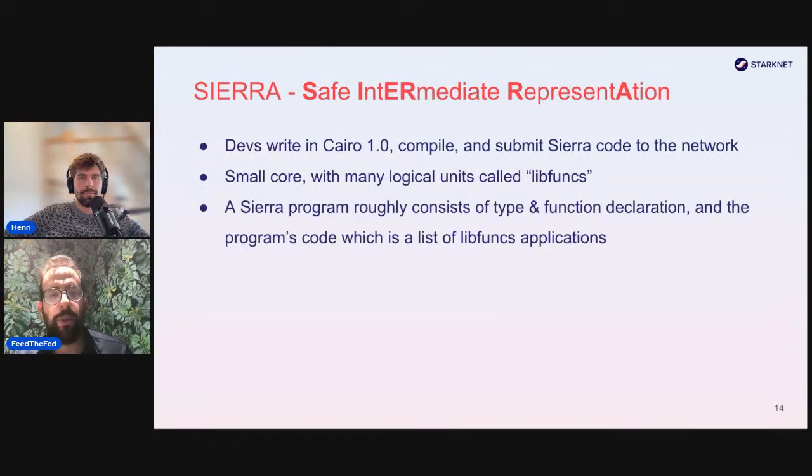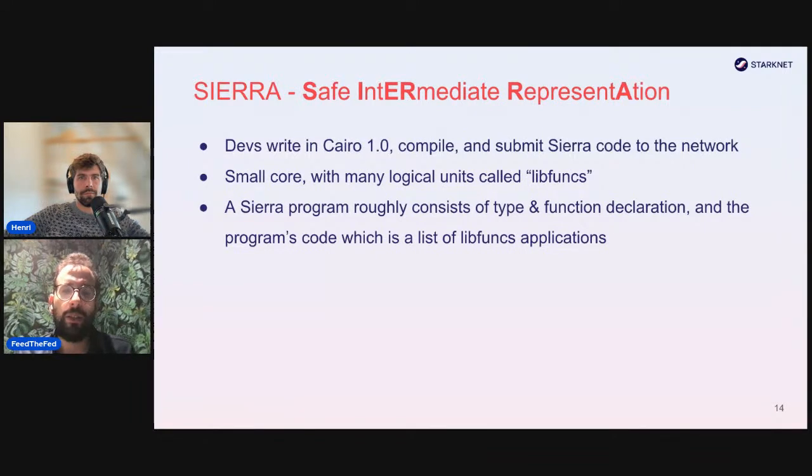And if you look at a Sierra program, you basically see type declarations, function declarations, and a bunch of libfunc applications. So you can pretty much think of a Sierra program as a sequence of libfunc applications, which I'm going to talk more about in the talk.